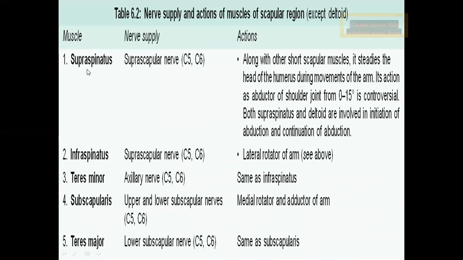Supraspinatus is supplied by the suprascapular nerve, infraspinatus by the suprascapular nerve. Again, these nerves you studied when we were doing the brachial plexus. Teres minor is supplied by the axillary nerve along with deltoid, subscapularis by the upper and lower subscapular nerves, and teres major by the lower subscapular nerve.